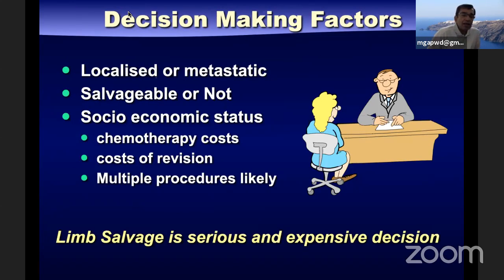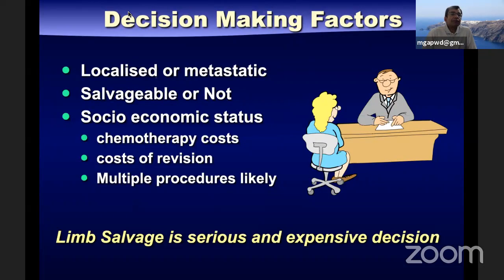Now, what are the factors which are important in making a decision? So we look at whether the patient has localized or metastatic disease, because the prognosis is different. And this is important during counseling, because limb salvage can be expensive and it may involve multiple surgeries.